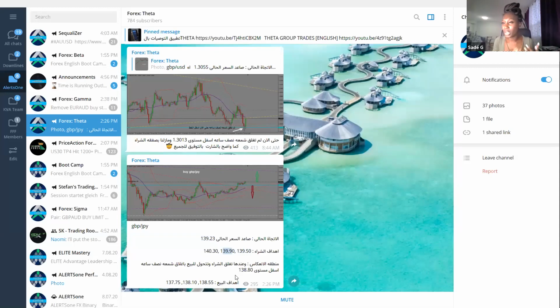Let's say you're not monitoring your phone and the trade should reverse and hit your stop loss, you want to catch the sell, you would put in a sell stop. It's always going to be a sell stop at the entry price 138.8, right? With the take profit levels stated: take profit 1 is 138.55, 138.10 is take profit 2, and take profit 3 is 137.75.